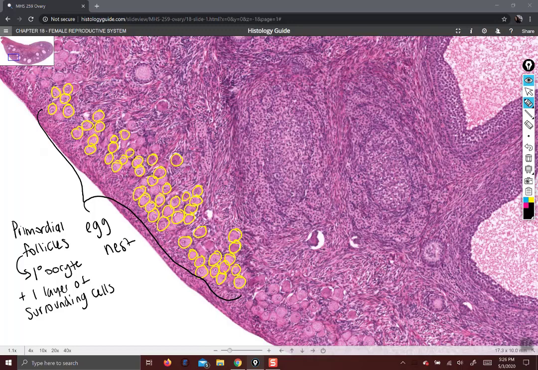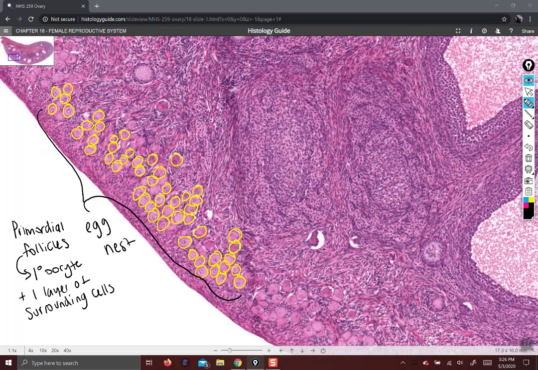So unlike in spermatogenesis, where there's this constant supply of new spermatocytes because the spermatogonia are always around, in folks with ovaries, that is not the case. So there's no oogonia left in the ovary by the time an individual is a neonate.